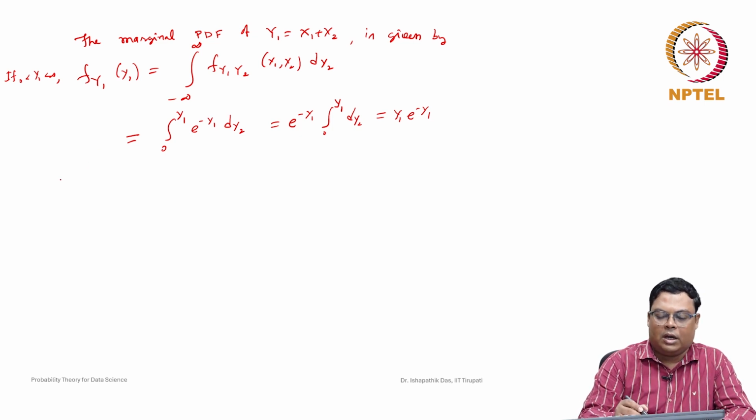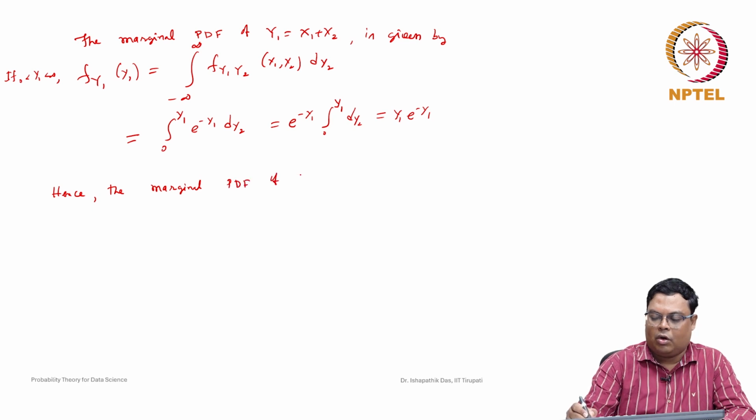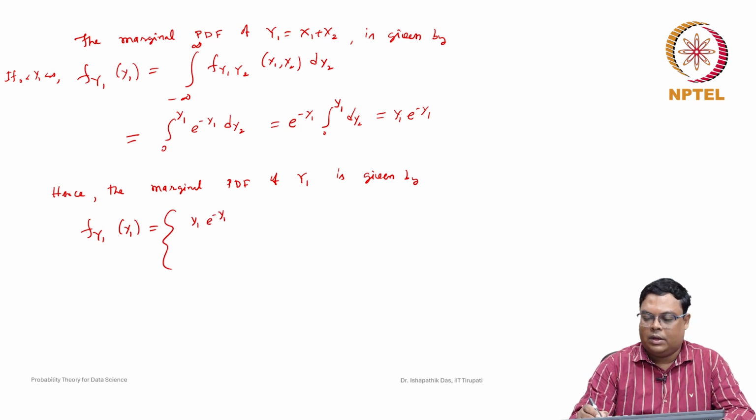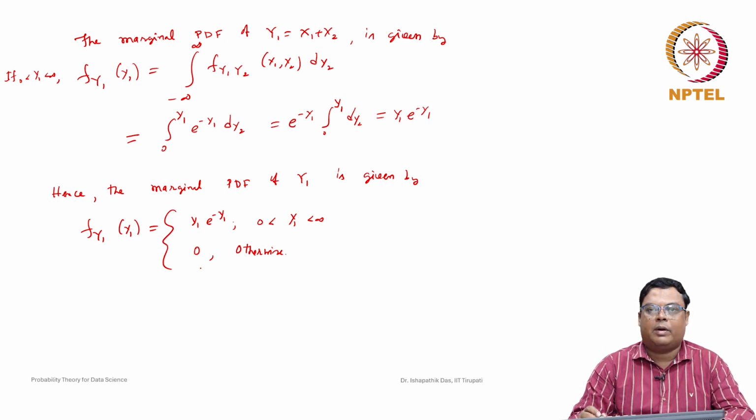So finally, the marginal probability density function of y1, f of y1 of y1, is y1 e to the power of minus y1 whenever y1 is greater than 0 and less than infinity, and 0 otherwise. So this is the density function we wanted to find.